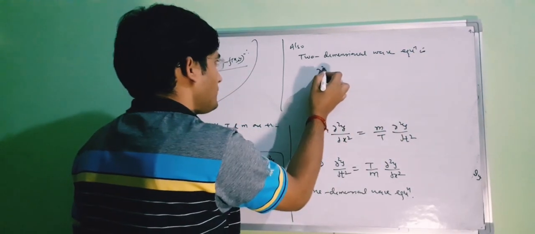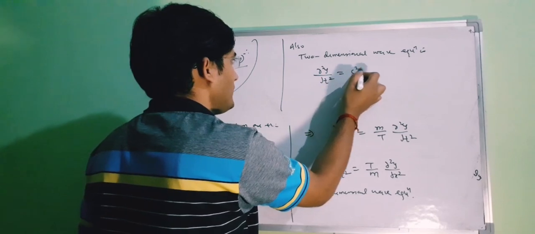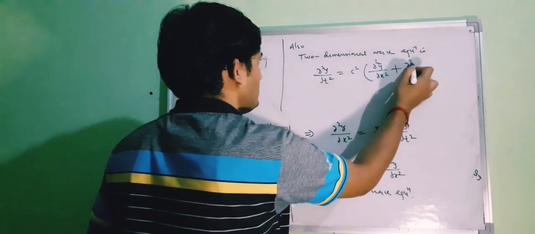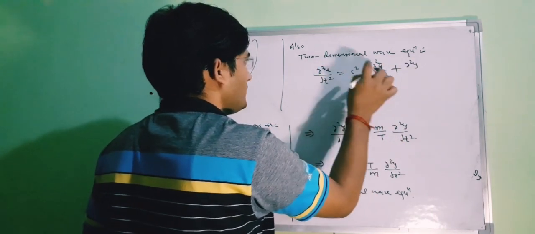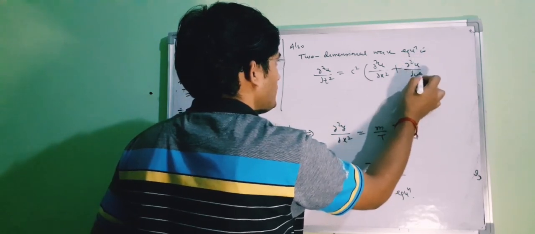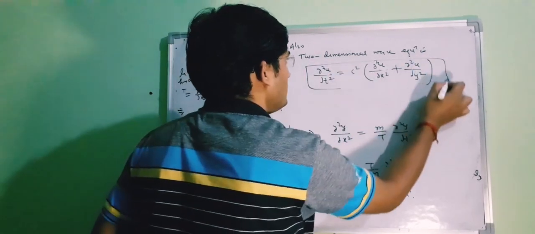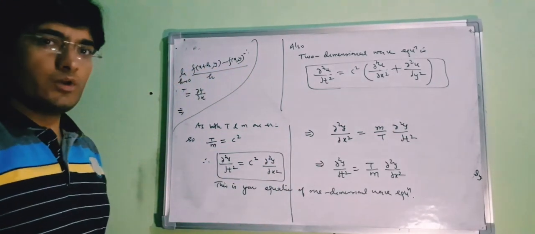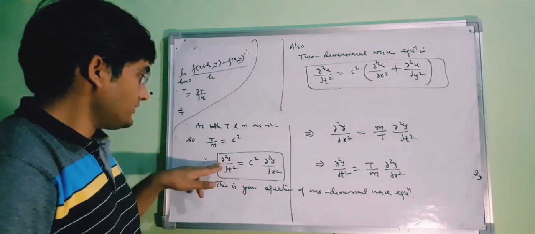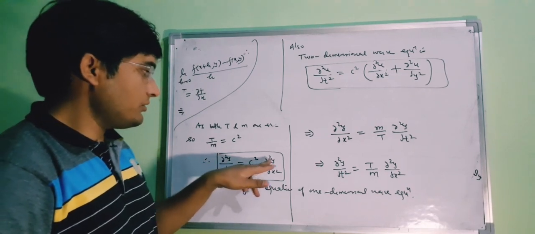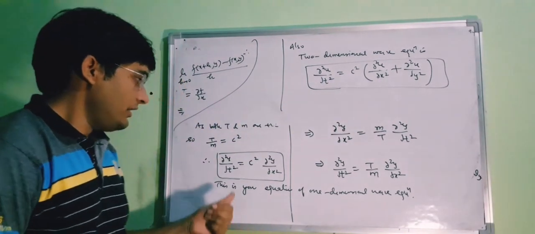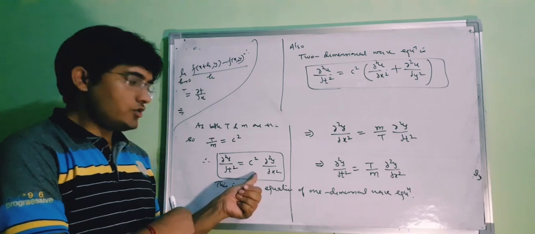The two-dimensional wave equation is del 2 u upon del t2 equal to c square times del 2 u upon del x2 plus del 2 u upon del y2. So we have the one-dimensional wave equation as del 2 y upon del t2 equal to c square del 2 y upon del x2, and this is the two-dimensional wave equation. Now in the next lecture I will discuss its solution.